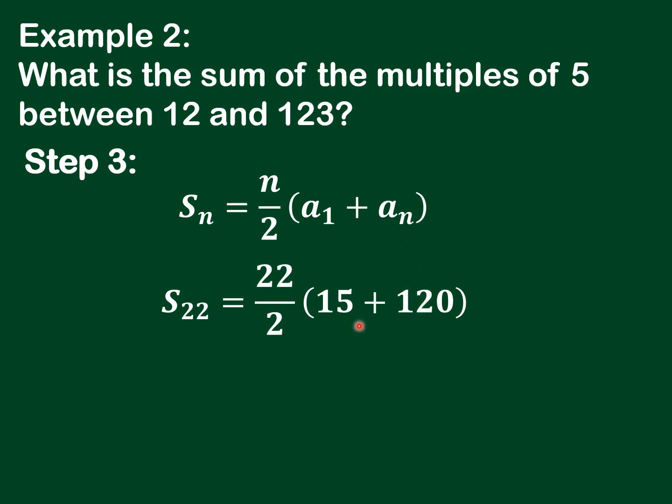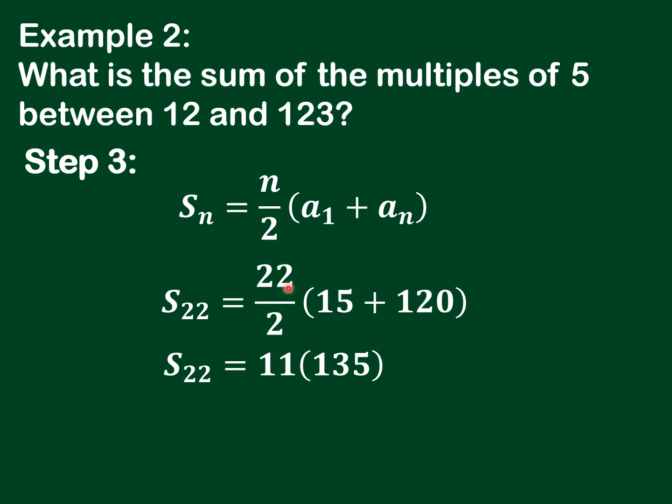Next, we're going to get the sum of 15 and 120. So 15 plus 120 is equal to 135, and we're going to divide 22 by 2. 22 divided by 2 is equal to 11.